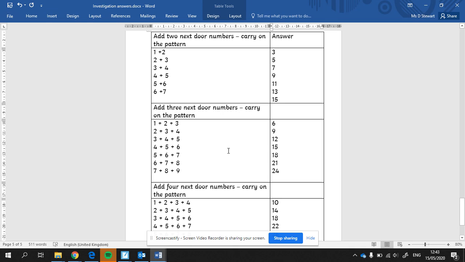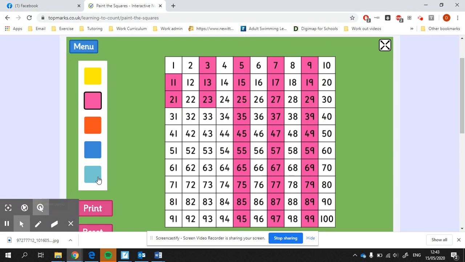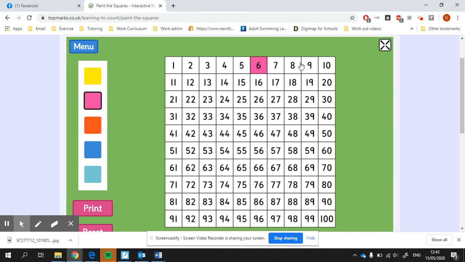Let's look at adding 3 numbers together. And we're going to plot this onto the 100 square as well. Oh, missed one.